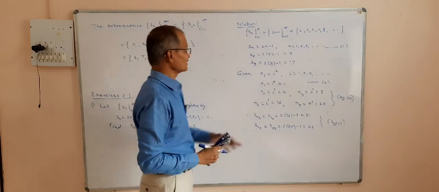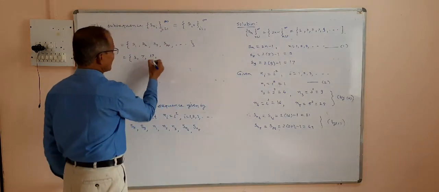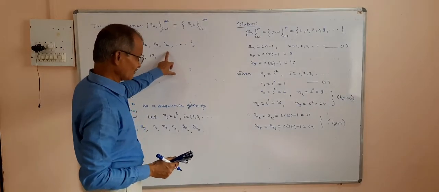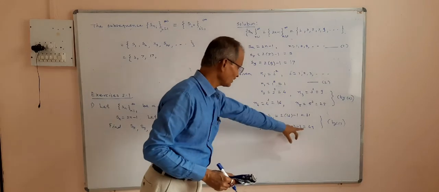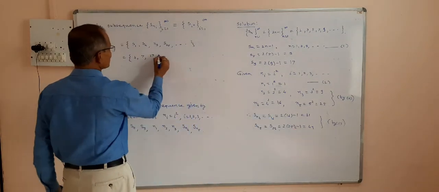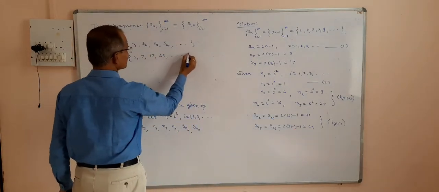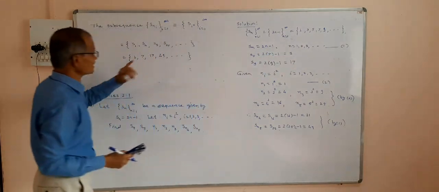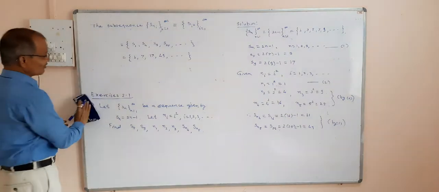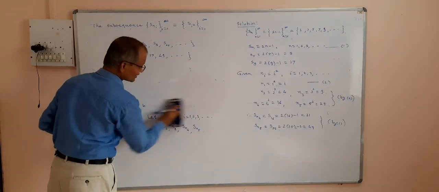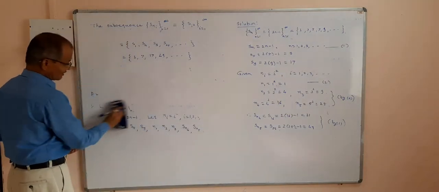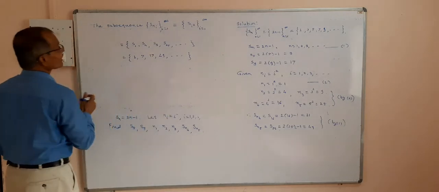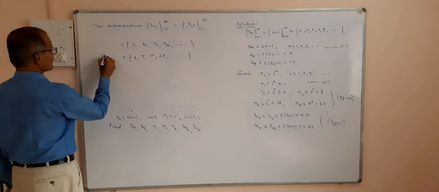S9 is obtained, that is 17, and S25 here we have S25, that is 49, etc. So this is the subsequence of this sequence, odd integers. All these are odd integers, and obviously S ni is a subsequence of the set of integers, that is, a sequence of integers. So this is S ni.